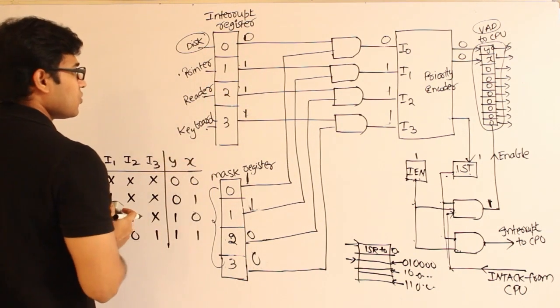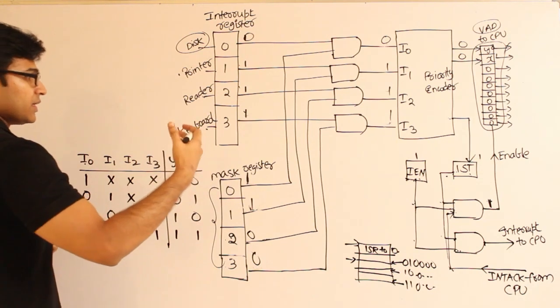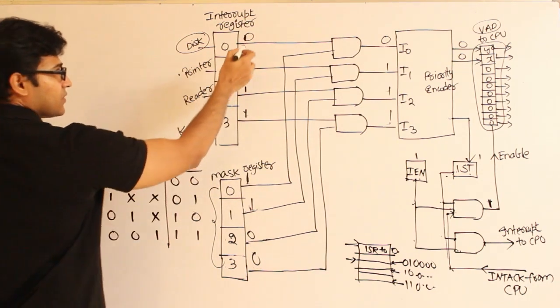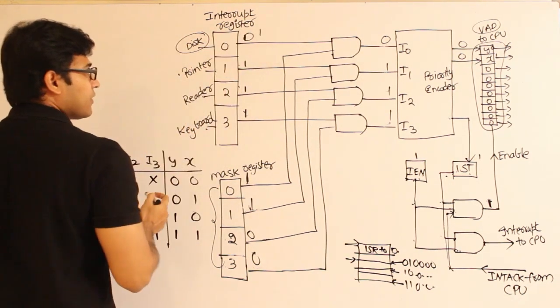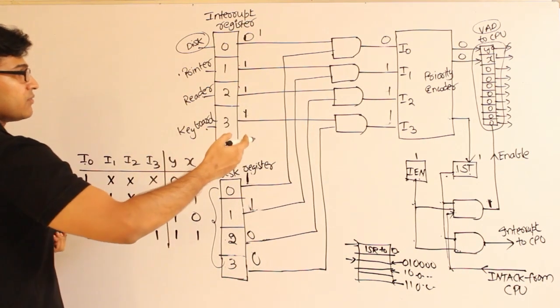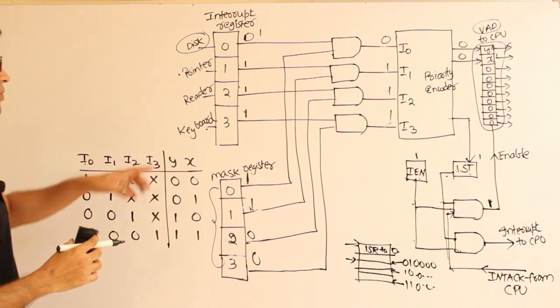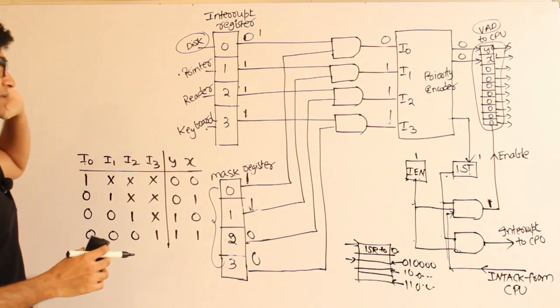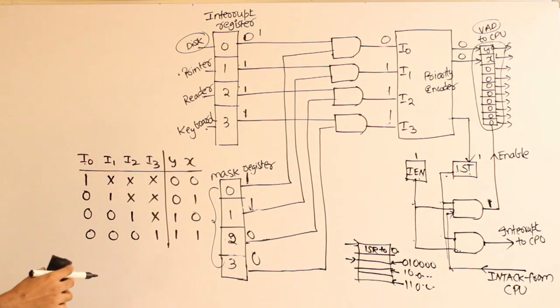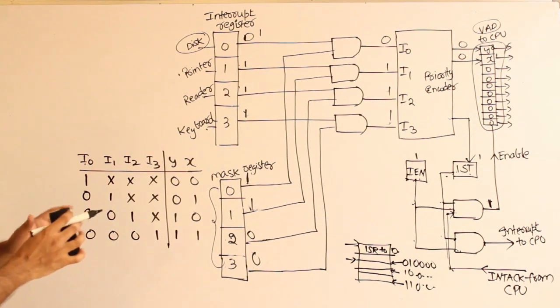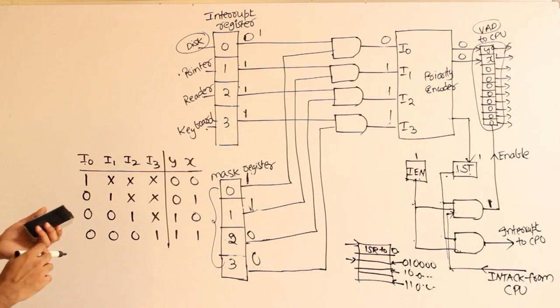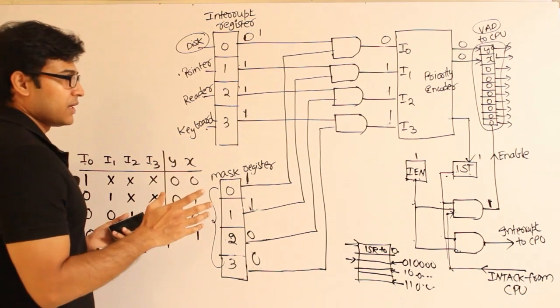So during its execution, if this one turns to 1, we'll automatically stop the ISR of the printer and start with the disk. Are you getting this? I hope you are understanding everything here. It is very simple.